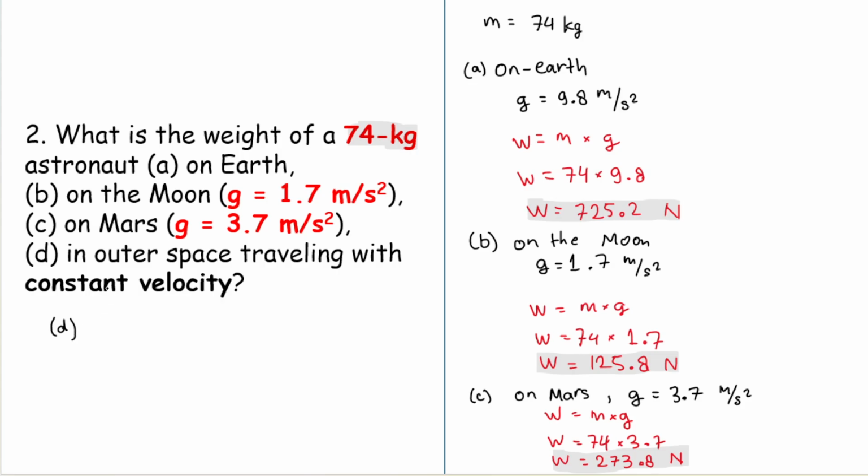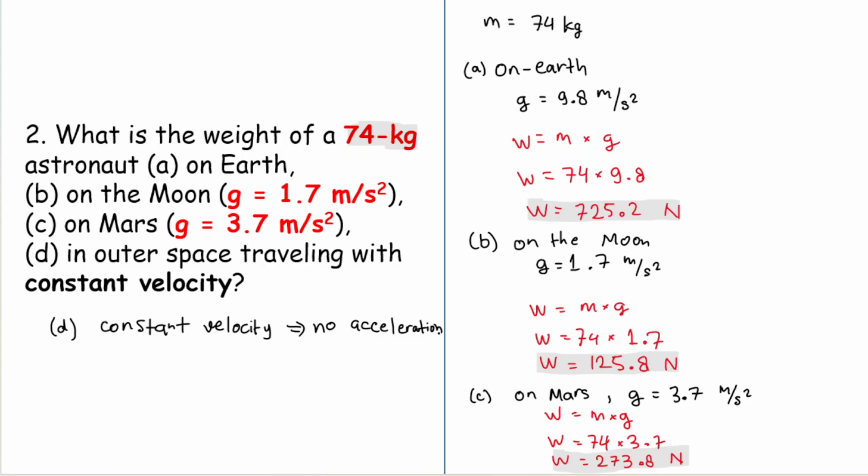The astronaut is going with constant velocity. So what does that mean? A constant velocity means he does not have any acceleration, and no acceleration means that no net force works on him.